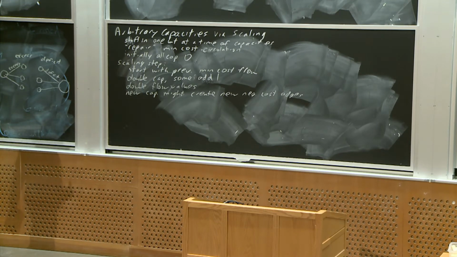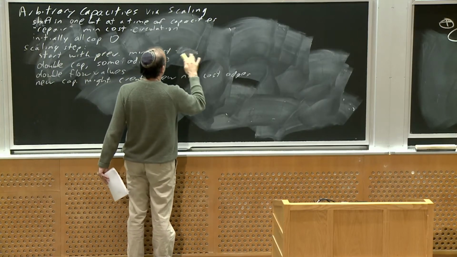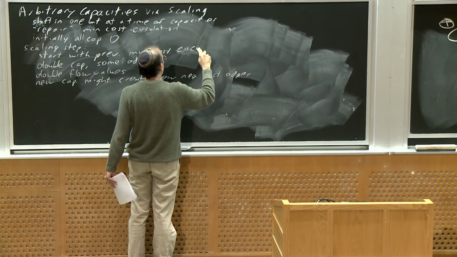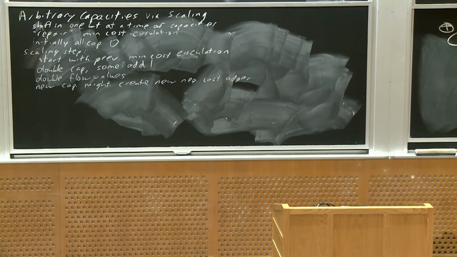Again, these transform between each other. If we can solve one, we can solve the other without any hard work. So how do we deal with these new negative cost edges that got created?